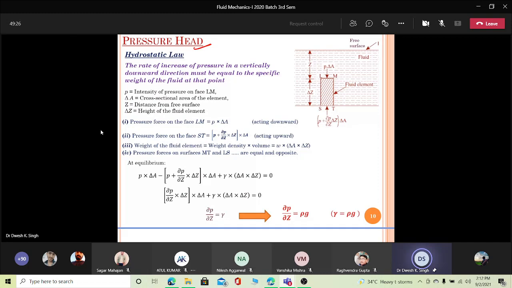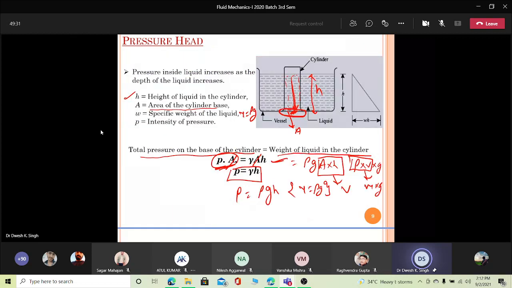Sir, can you go to the last slide? Yes. Sir, on the right-hand side, what was before A? Gamma? Yes, gamma, that is the specific weight. There is some mismatch, no? Yes, you are very correct.